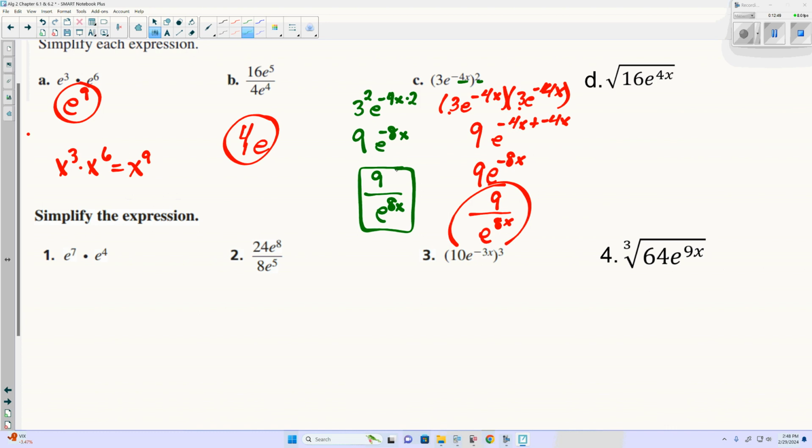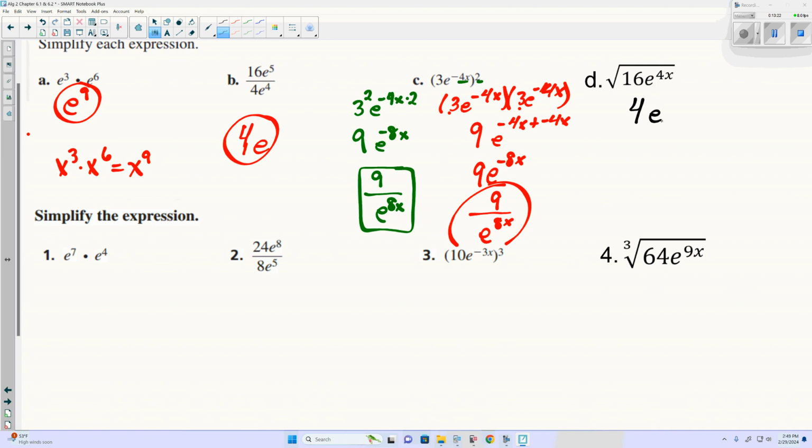Now, some of this is just having to go back and recall our power properties, exponent properties. Lastly, D. This one's not on your note sheet, so you'll need to fill it in. We can take these in parts. Square root of 16 is 4. Now, variables with exponents.